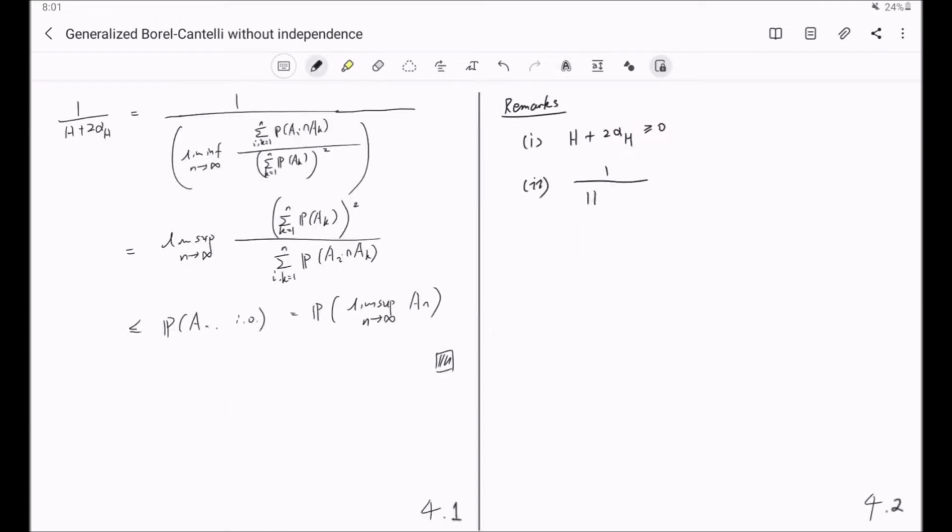So 1 over h plus twice of opposite h must be bounded by 1. And this, combining with the first remark, tells us that h plus twice of opposite h must be greater or equal to 1.